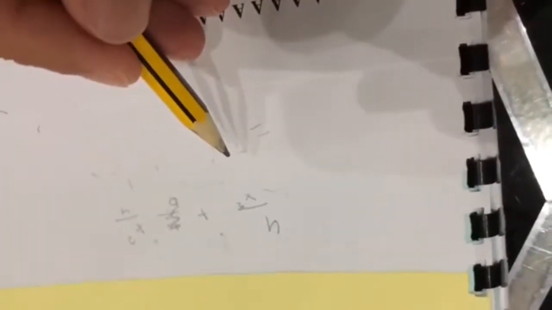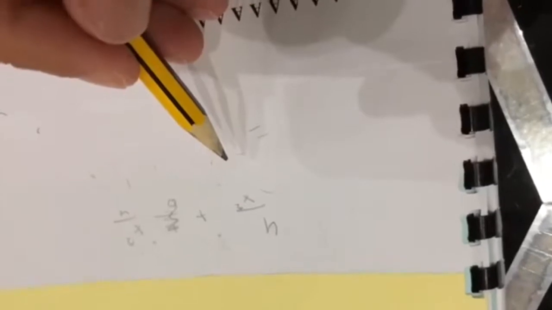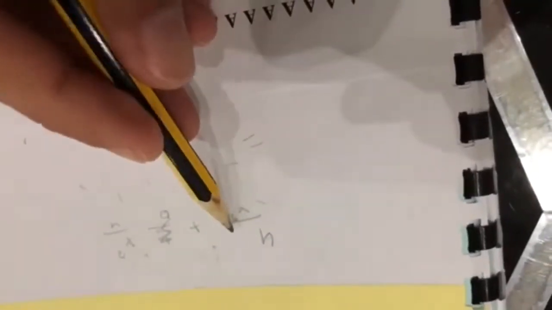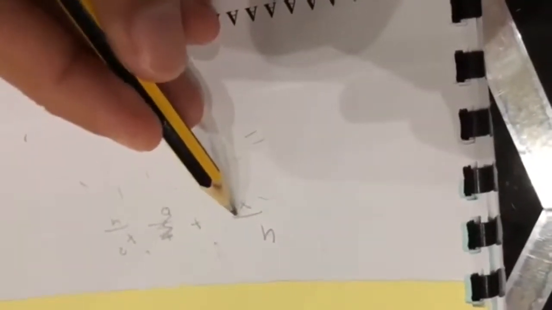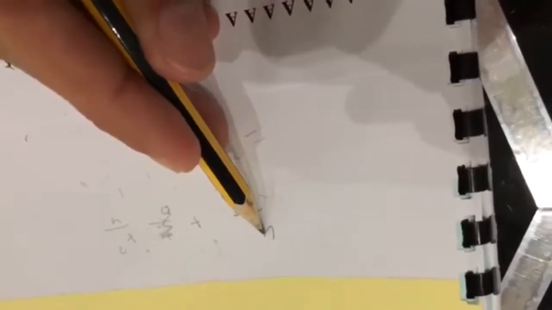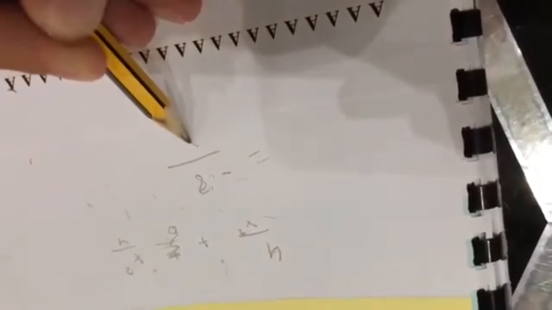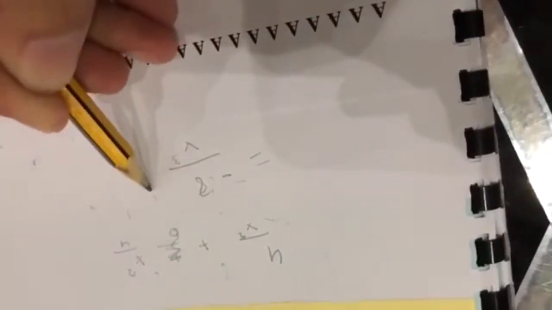We have a rule: if y is equal to 1 over x power n, then the derivative will be minus n over x power n plus 1. So here 2 will be multiplied by 4 and minus, so minus 8 over x power 3 plus, here we will simply use the power rule.